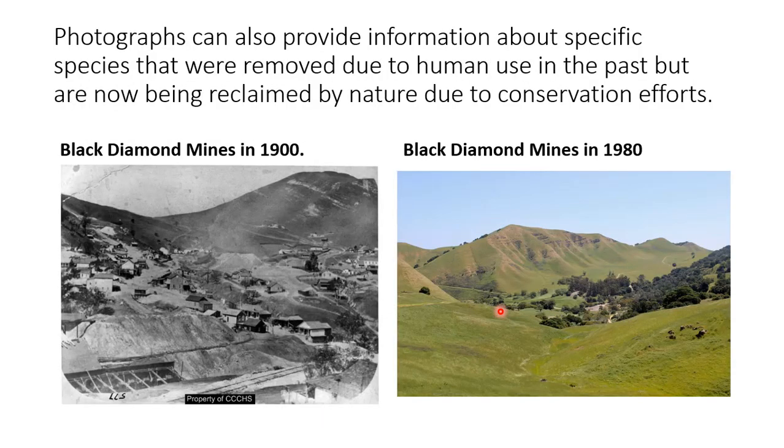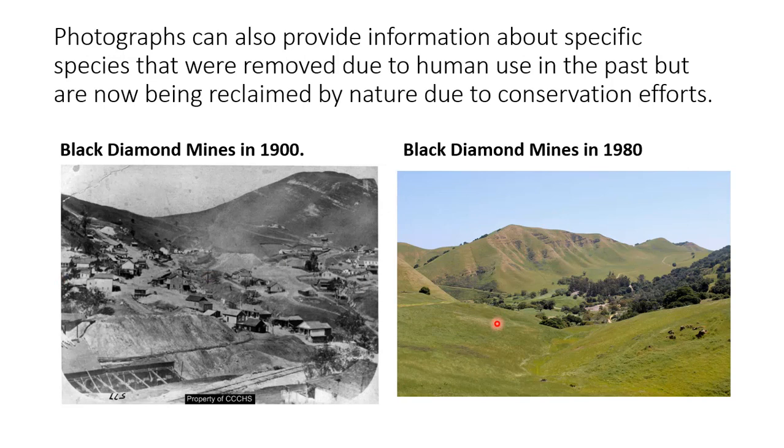Photographs can also provide information about specific species that have been removed due to human use in the past, but are now being reclaimed by nature due to conservation efforts. And you'll see this later on. So we have Black Diamond Mines in the 1900s, and we have Black Diamond Mines now.